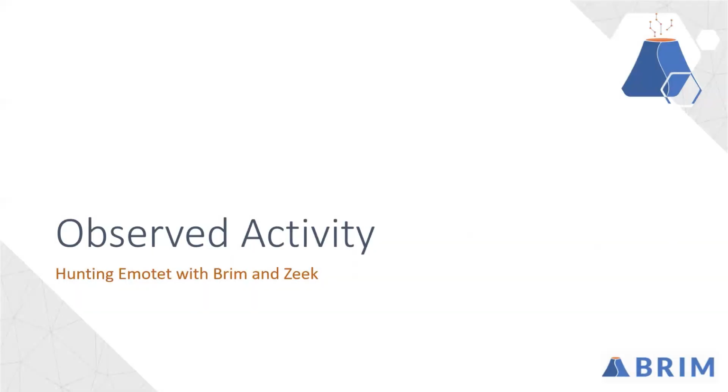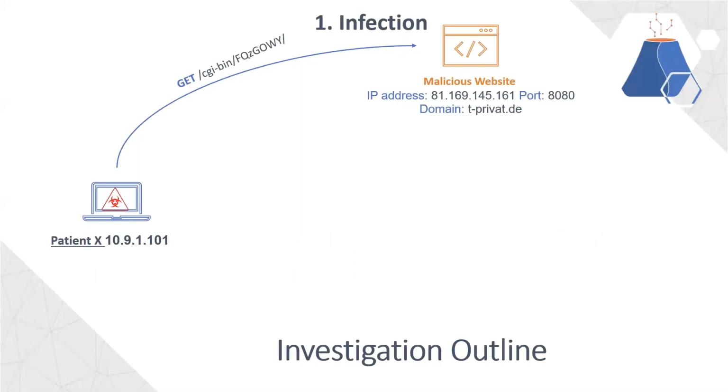Now that we've conducted our investigation, we can put all of our observed activity together. Initially, we saw that suspicious domain, t-privat.de, and when we dug a little bit further into that data, we saw a suspicious GET request. We then saw a binary come back. We verified the MD5 hash using VirusTotal and validated that it's also a malicious known binary.